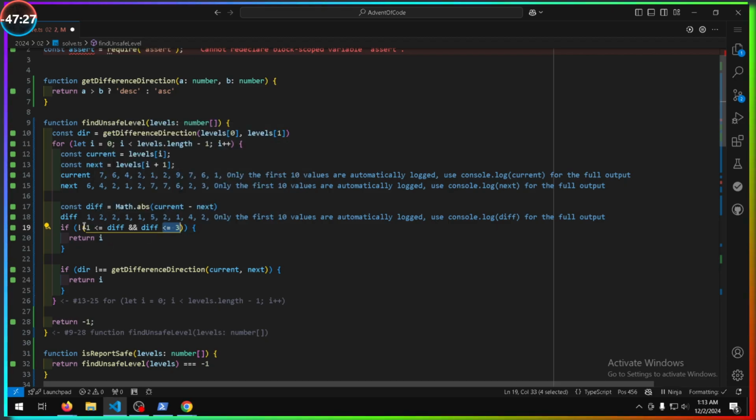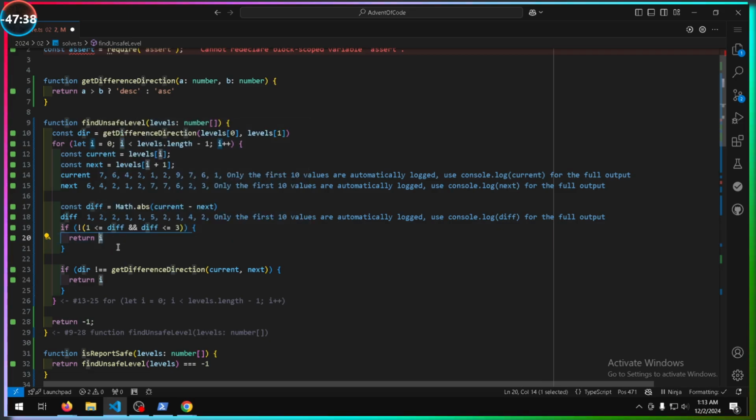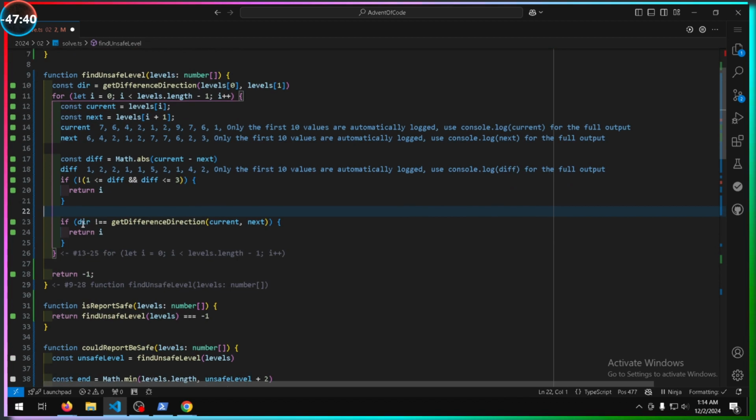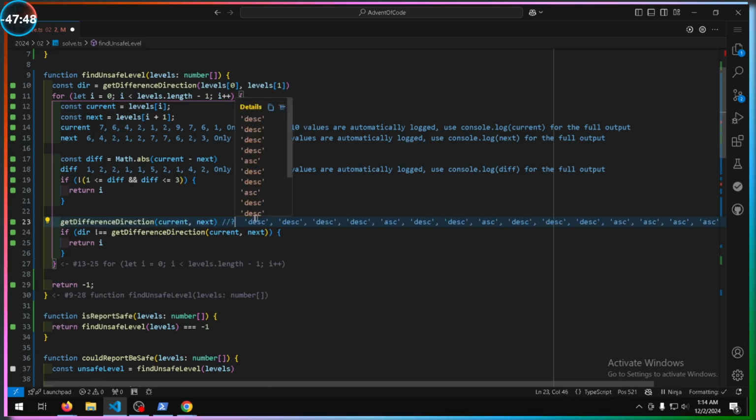And then we flip it with the not. So if it's not between these numbers, it is, we can see, until we hit that 5, in which we're not. So if we're between these numbers 1 and 3, then we're going to move on to the point where we check the direction of the current pair. And if it's different than the main direction, well, then we know that we have found the wrong level.